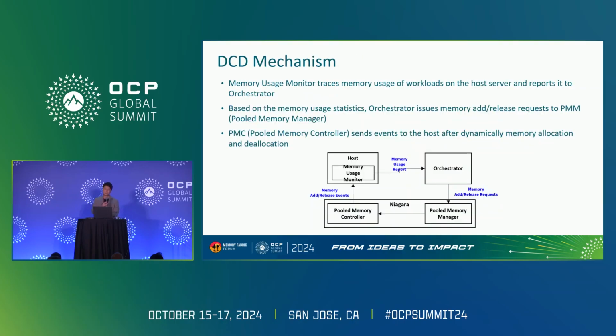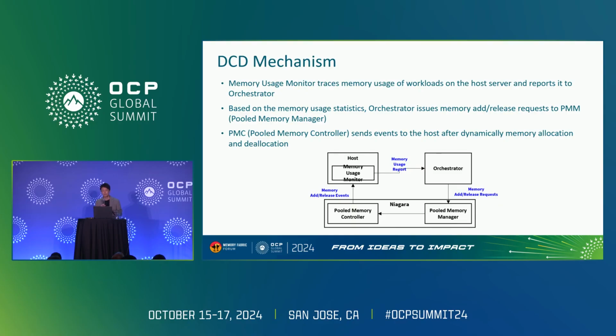All right, so let's take a quick look at how each feature works. In the DCD mechanism, the memory usage monitor can trace the memory usage on the host servers and report the data to the orchestrator.